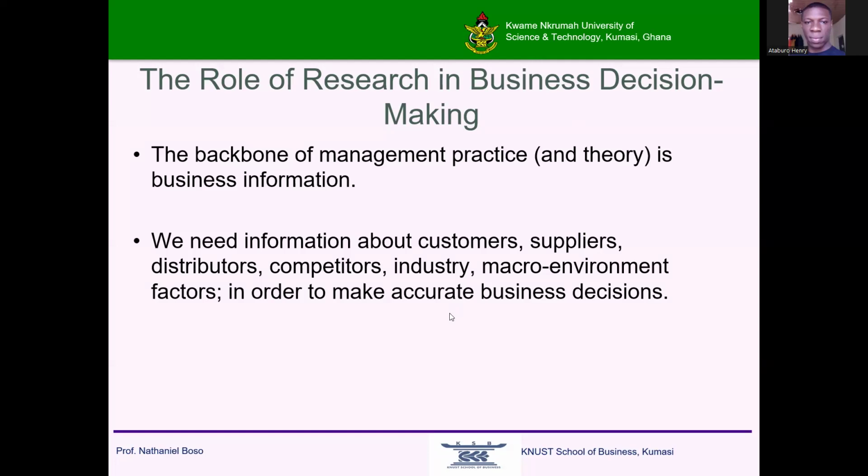All right. So in a typical business organization that engages in buying and selling, you will need business information about customers, your suppliers, distributors, competitors, industry, and macro environment. In order to make critical business decisions, you need to understand the variables around your business, how they function to affect your business, and how you can leverage the way these variables act in the business space to achieve certain business goals or targets.